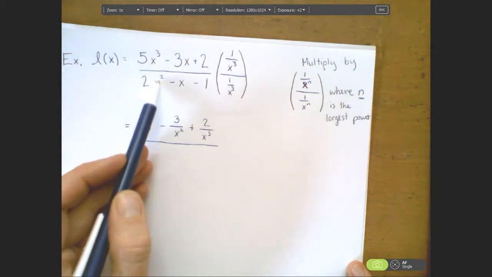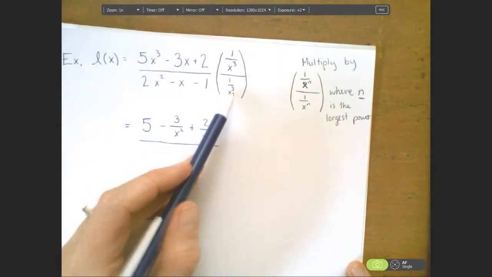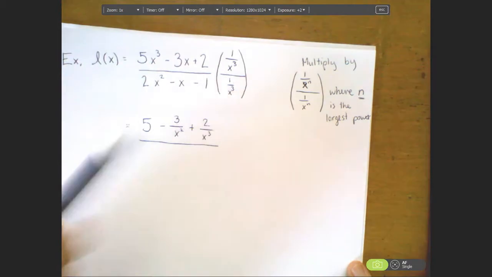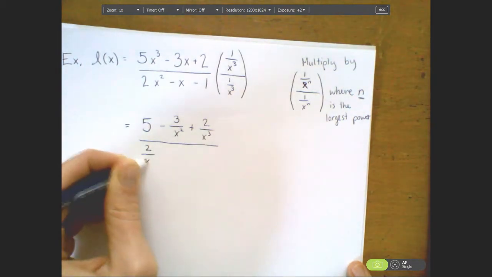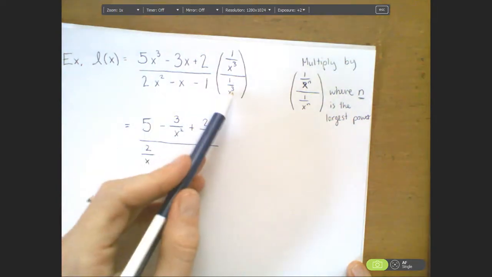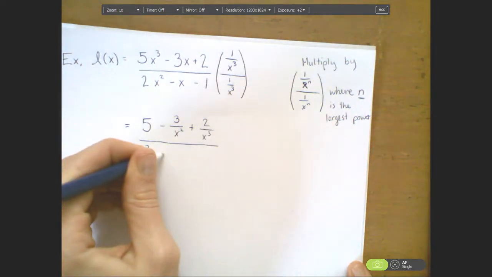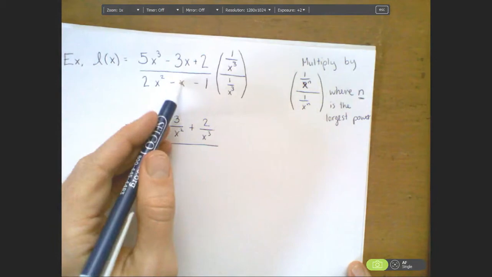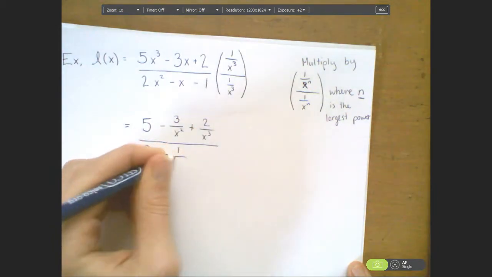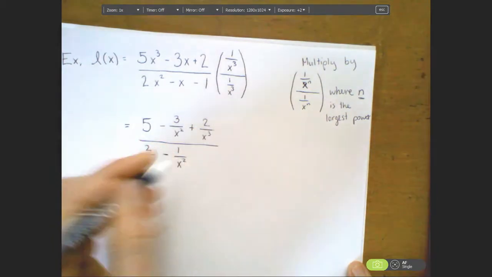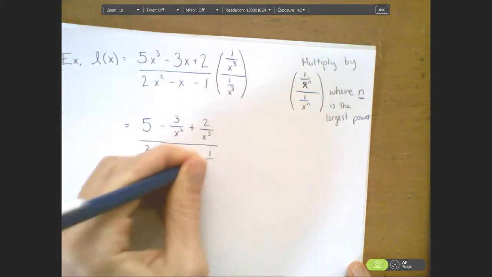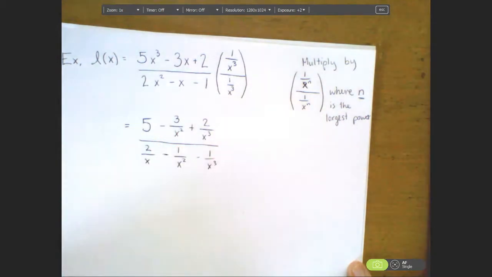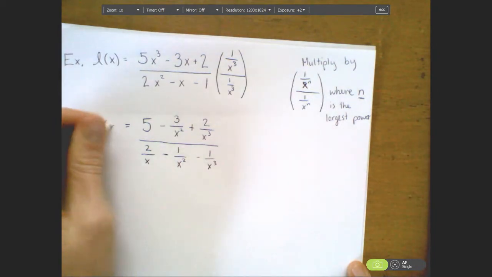Here I have 2x squared divided by x cubed, so 2 of the x's will cancel, and I'm left with 2 divided by x, because one of the x's is left over. And then I subtract x divided by x cubed. One of those x's will cancel, and I'm left with 1 over x squared, and then minus 1 over x cubed. So that's what our function looks like as I rewrite it.